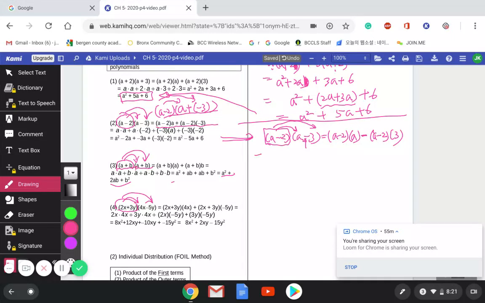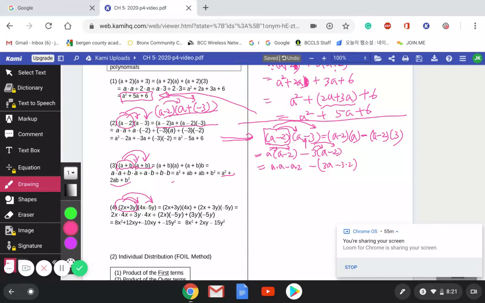So when I rewrite this, a with a minus 2, minus 3 with a minus 2, I end up redistributing. So a with a, minus a with a 2, minus distributing 3 as 3 with a and minus 3 with a 2.